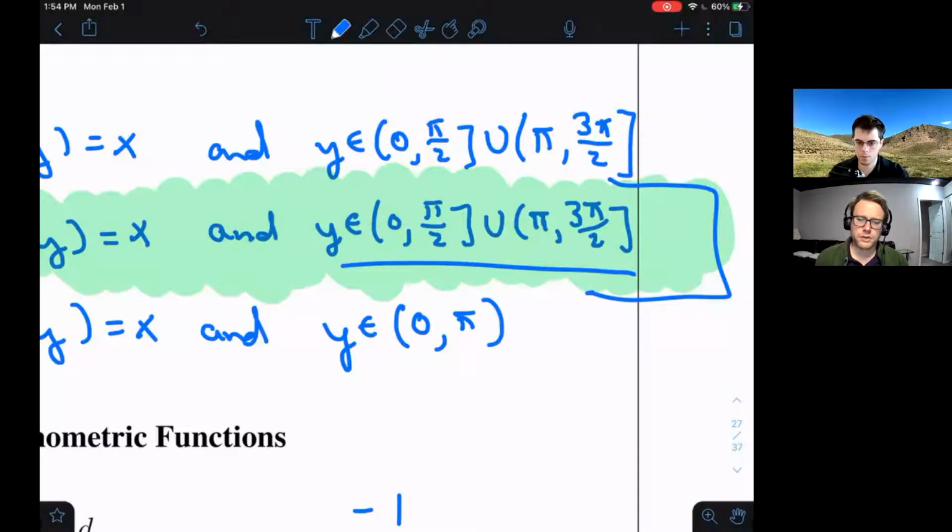Instead of the one our textbook uses, 0 to pi over 2 and then pi to 3 pi over 2, a lot of them do 0 to pi over 2 and then pi over 2 to pi.